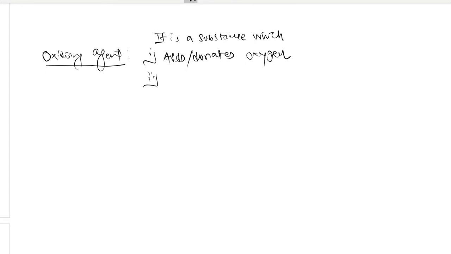Or number two, it can do one of the two things. It can't do both. So an oxidizing agent either adds or donates oxygen, or it removes hydrogen. So the substance which adds oxygen or removes hydrogen is the oxidizing agent.